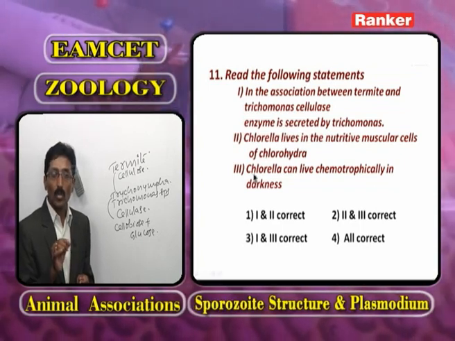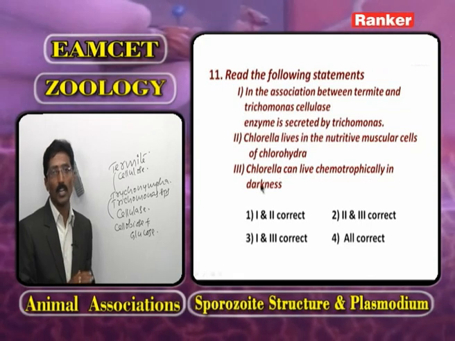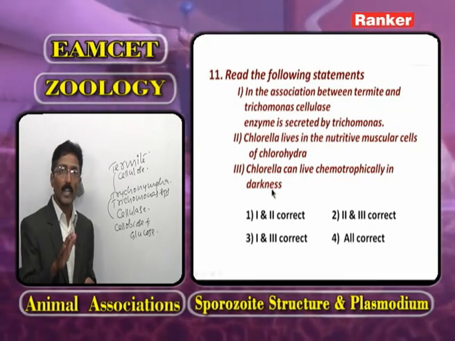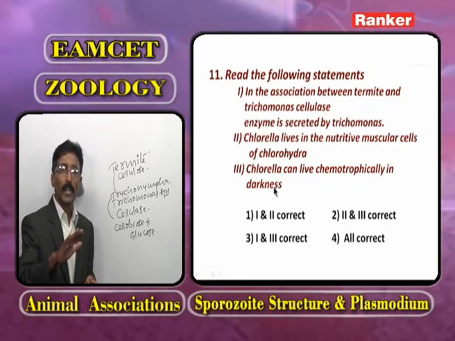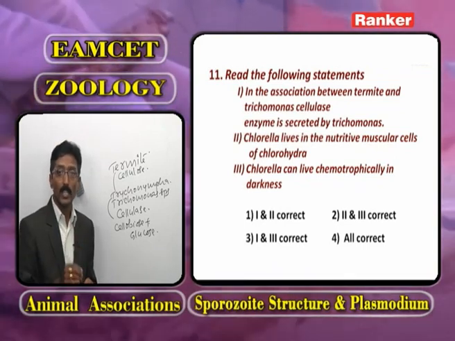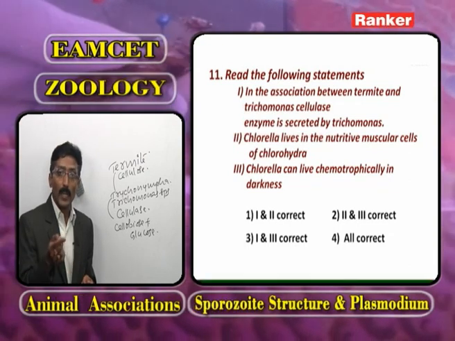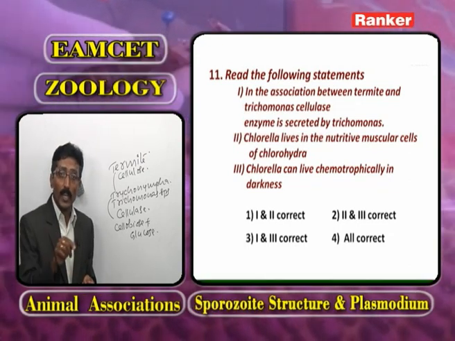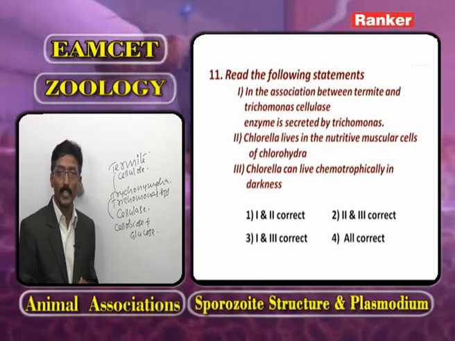Third one, chlorella can live chemotropically in the darkness as long as light is not available. No doubt the zoochlorella performs photosynthesis. Whenever light is absent, the zoochlorella utilizes the metabolites given by chlorohydra and prepares its own food materials.